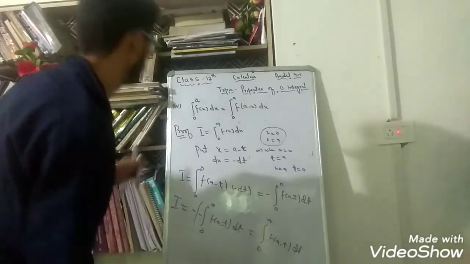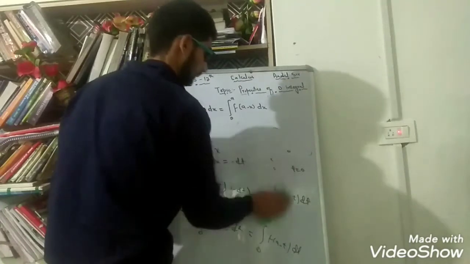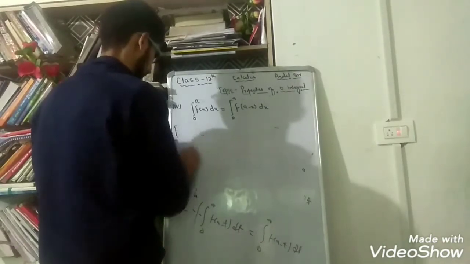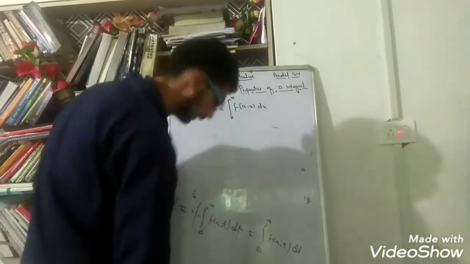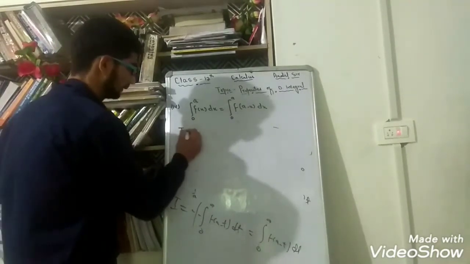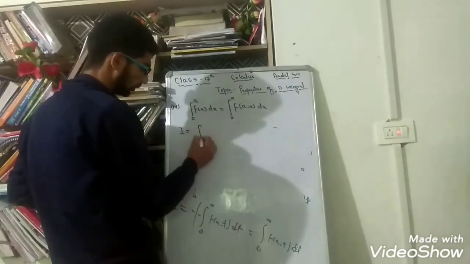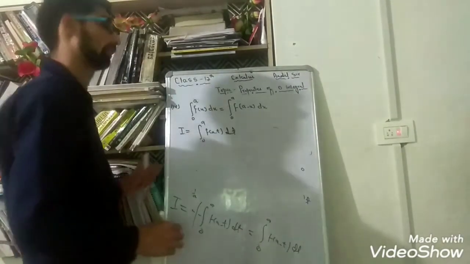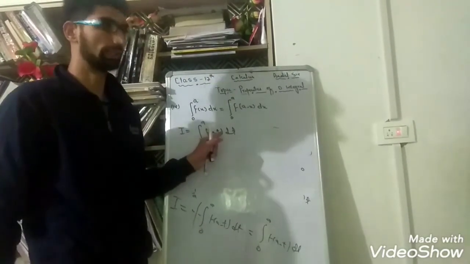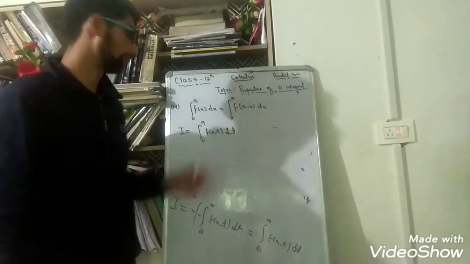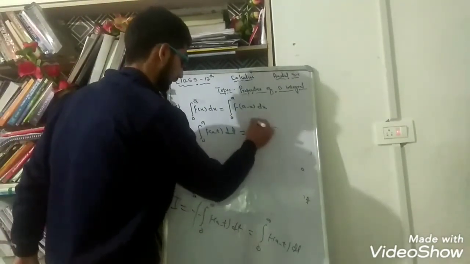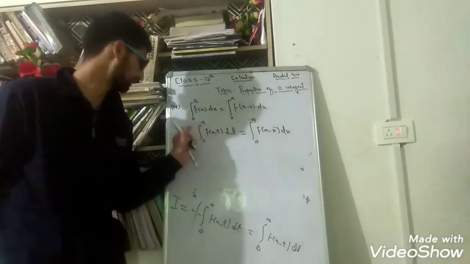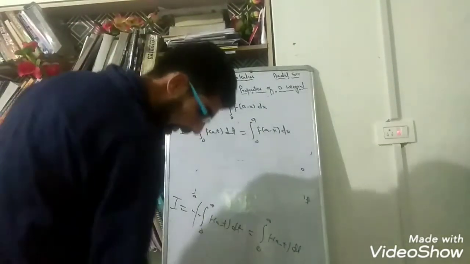So we are getting I equal to the integral from 0 to a of f of a minus t dt. But by the first property, we can change the variable t to x and the result will be the same. So we can write this as the integral from 0 to a of f of a minus x dx. Hence proved. This is what we had to prove. So this is all for another property, the fourth one.